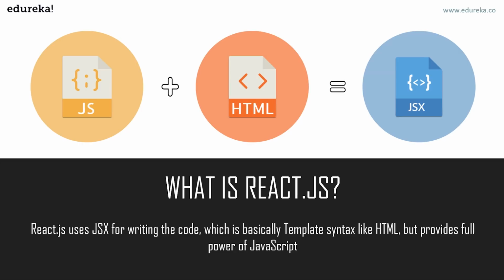The virtual DOM is a JavaScript object model that React uses to calculate the user interface changes. JSX is basically a template syntax like HTML, but it also provides the full power of JavaScript. So we can say it's a combination of JavaScript and HTML.